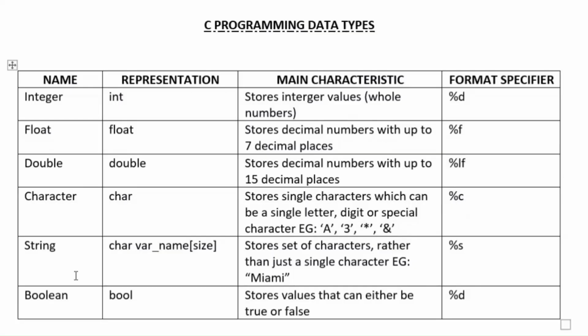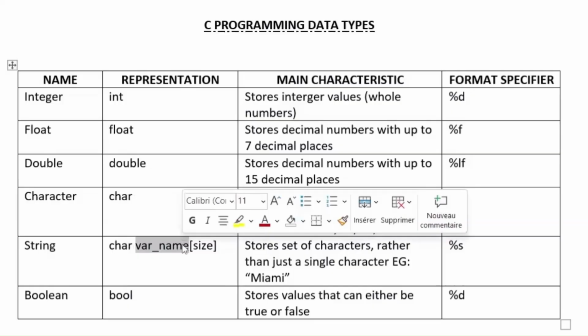The next data type is the string data type, and this is represented using the char representation also for characters, but this time around it is a bit different. For the strings, we write char also, followed by the variable name. So this var name means variable name, which is simply the name of the variable that you are using in your program at that moment.